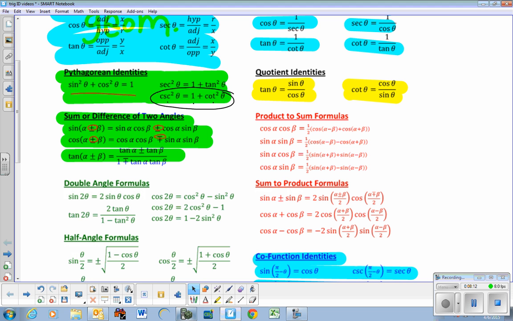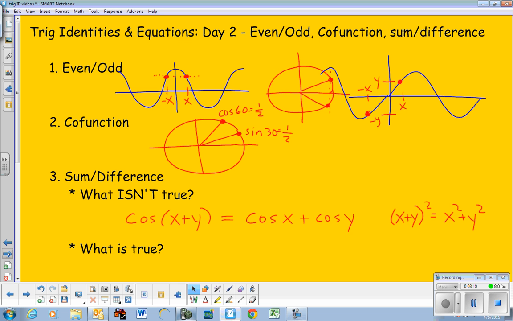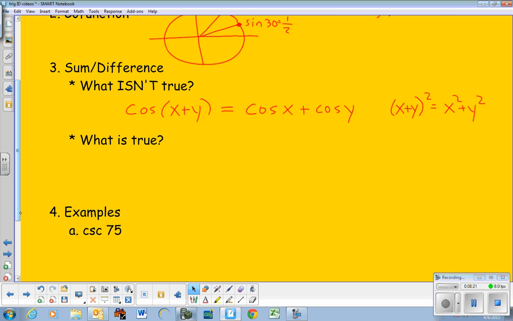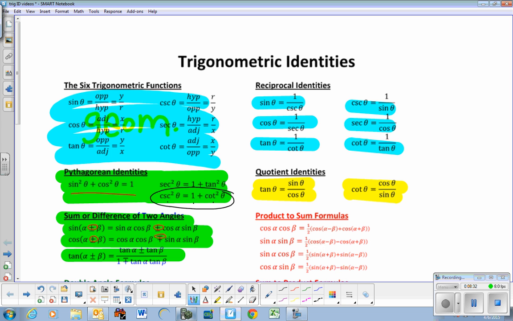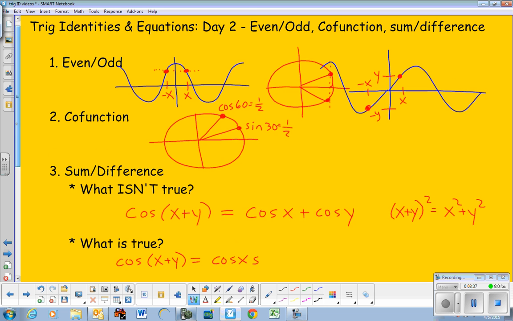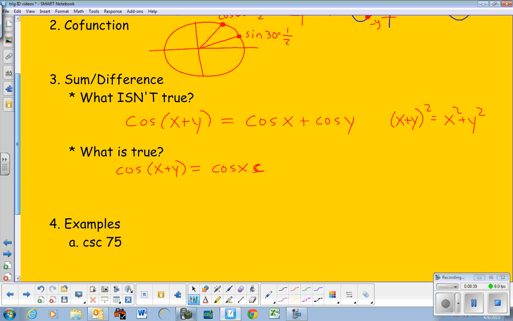If cosine of a plus b is cosine a cosine b minus sine a sine b, cosine of x plus y equals cosine x cosine y minus sine x sine y.